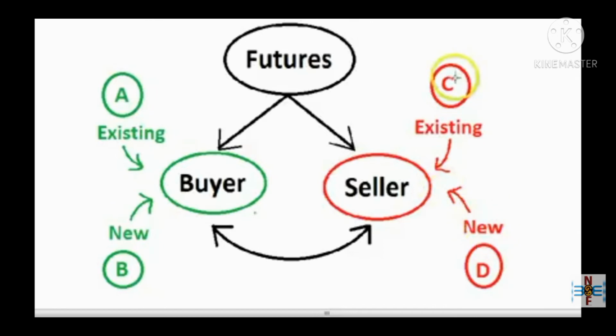The trade gets executed between C and D, and D takes the place of C, and C squares off and takes the cash back home. And again, A exits his position and takes whatever cash is left back home. Now the contract will exist between B and D. So the open interest will stay the same and will not change at all.